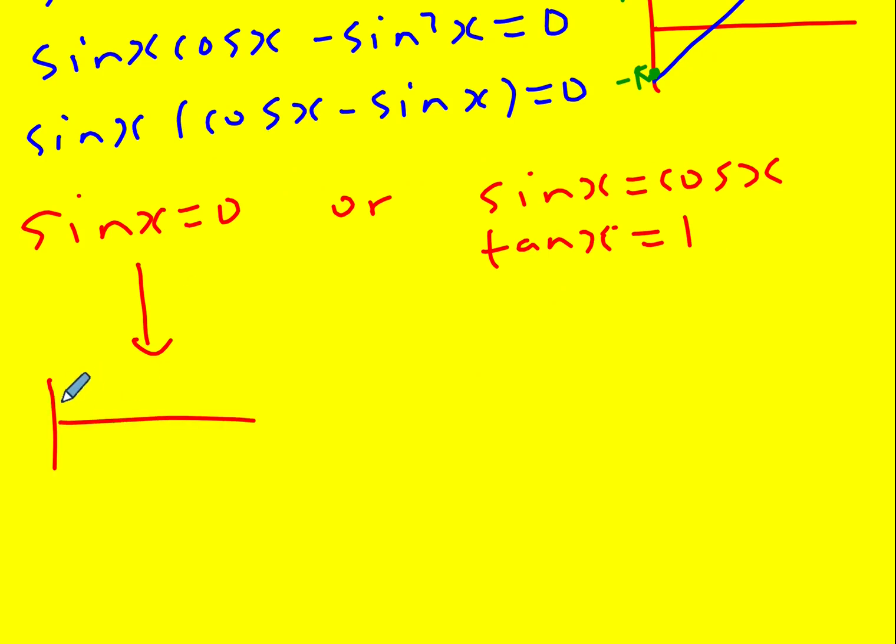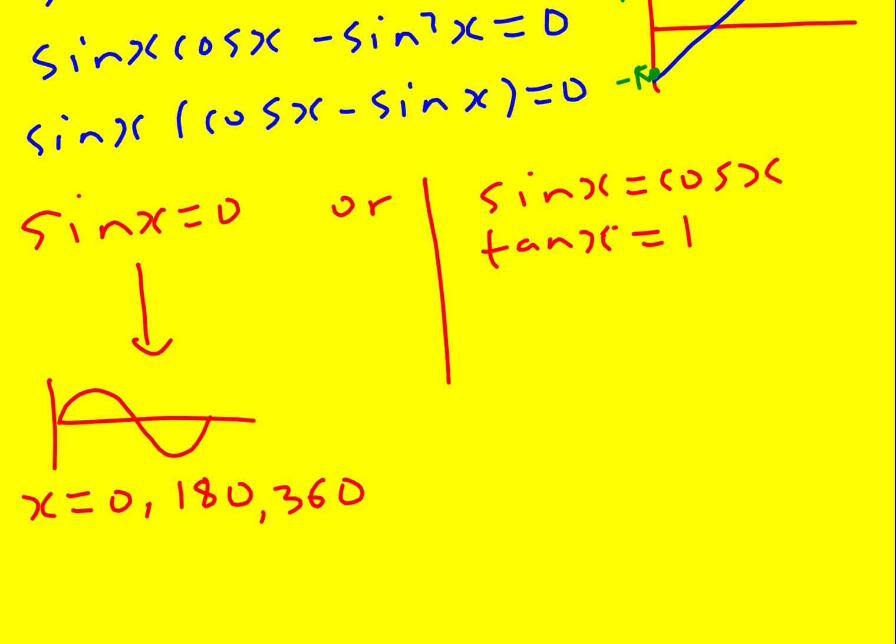Okay. Let's draw sine x to start with. Now, where is sine x equal to 0? It's when x is equal to 0, or 180 degrees, we're working in degrees here, or 360. So 3 solutions. We'll come back to that in a bit.